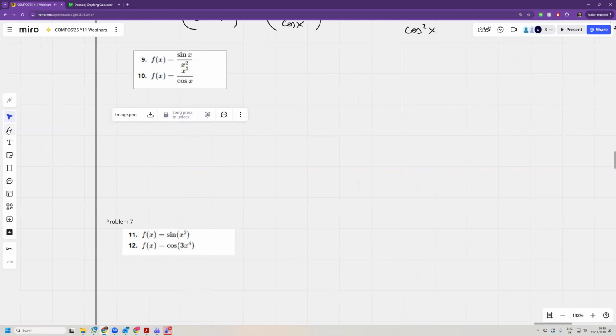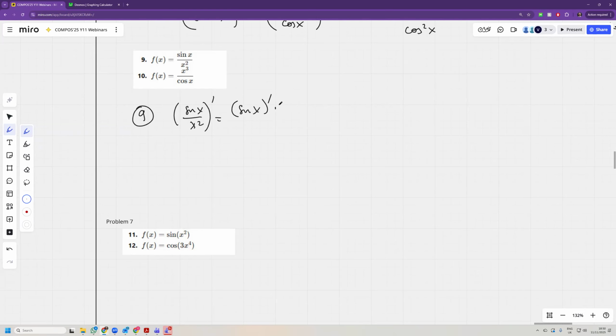So sine x over x squared, dash, is going to be sine x dash times x squared minus sine x multiplied by x squared dash, divided by x squared squared, which is x squared times cos x minus 2x sine x.